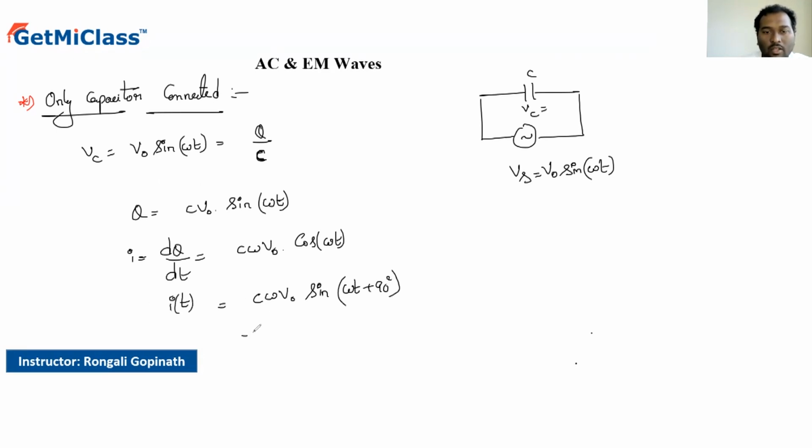This is I of t, or V naught by 1 by omega C sine of omega t plus 90 degrees. This is I of t.